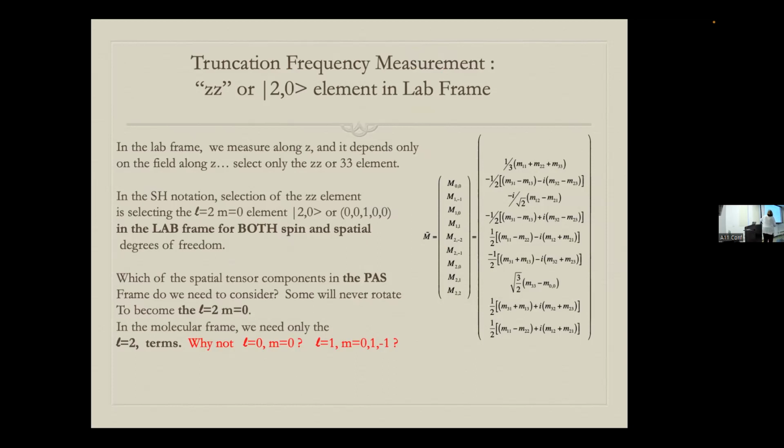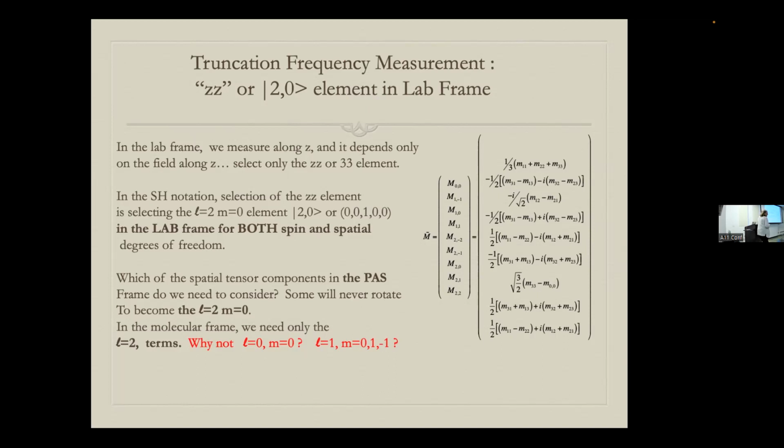And then in the spatial tensor, we don't have to do anything with L equals 0 or 1. So we're only going to be working with L equals 2.